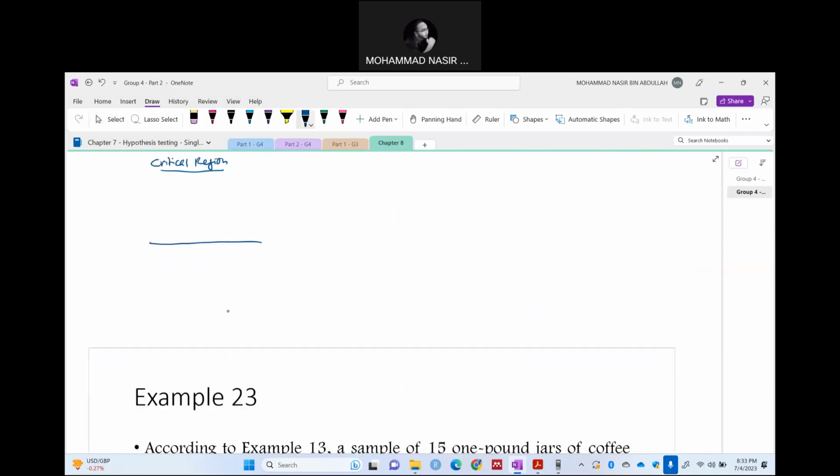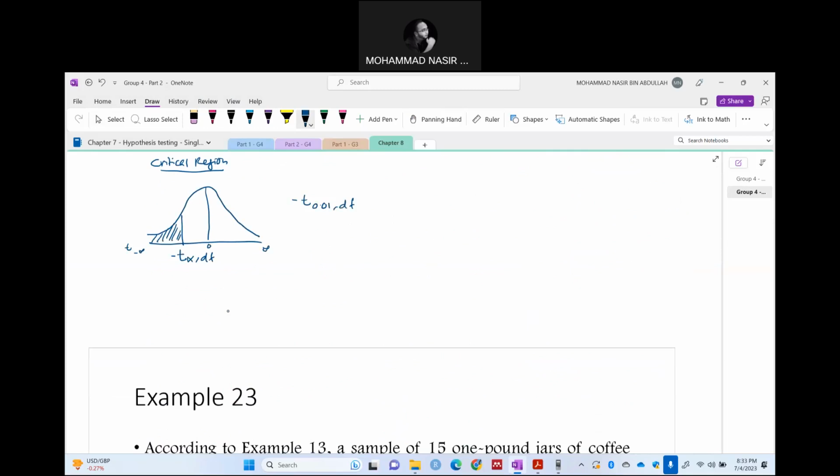So the critical value is negative T alpha with degrees of freedom. So this is 0, T from negative infinity to infinity. T alpha is equal to 0.01 and the degrees of freedom.